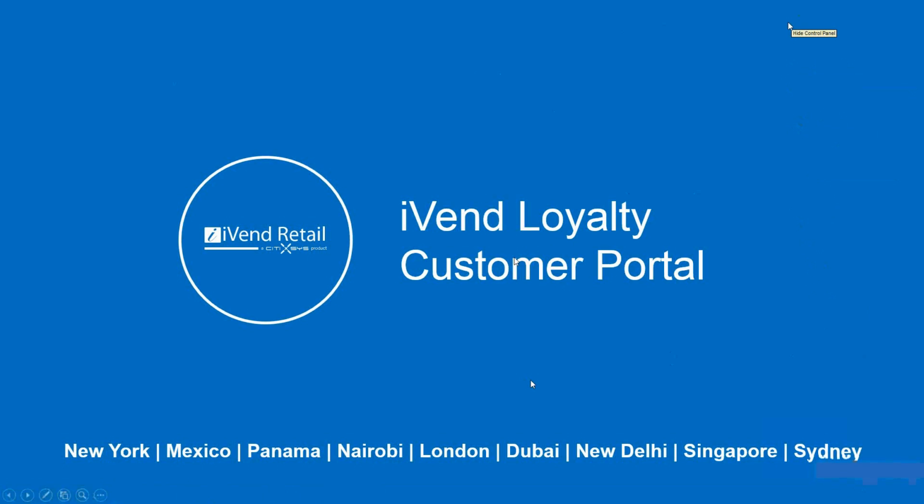It's web-based, and part of the reason for this is that it used to be that to get any information on your loyalty, you had to go to a store. Or otherwise you had to wait for an email or some form of update coming through from loyalty itself to the customer.